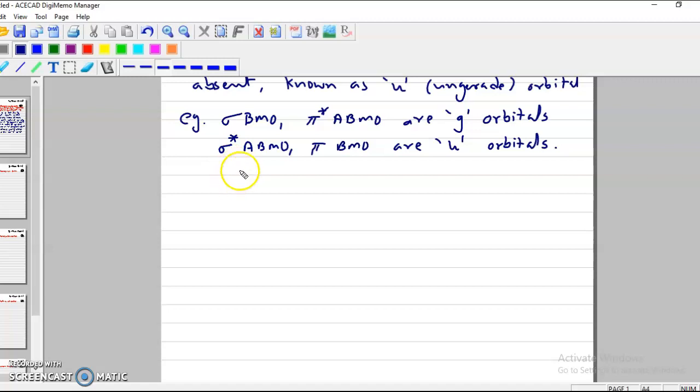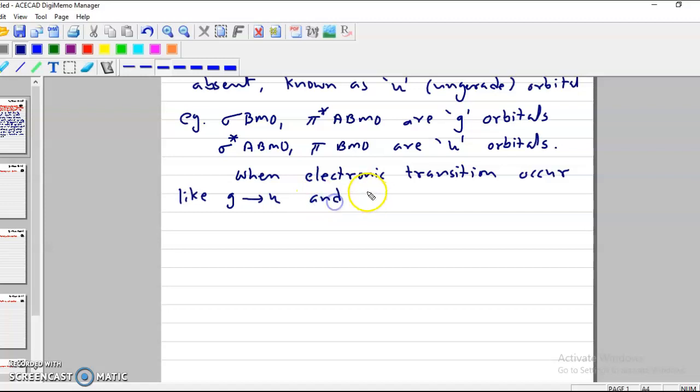So when an electronic transition occurs like G to U orbitals and U to G orbitals, then they are symmetrically allowed transitions.